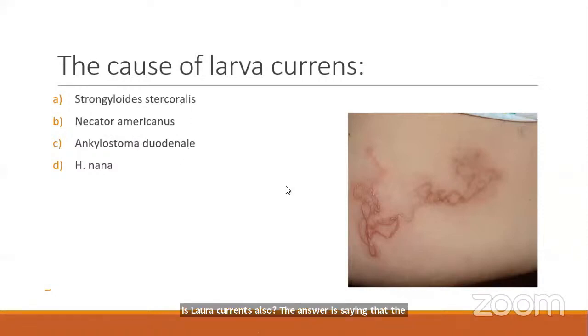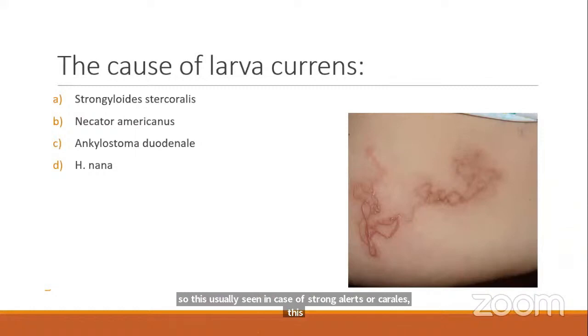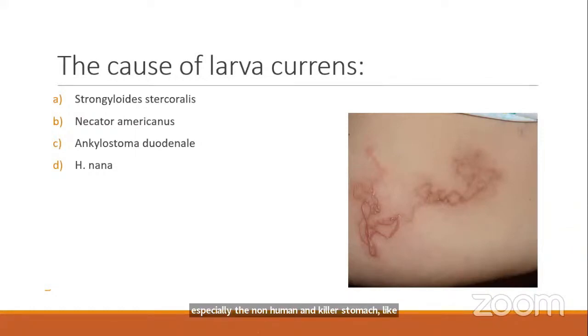It's different from larva migrans. Larva currens is cutaneous and the parasite will migrate at a higher speed. Okay, so this is usually seen in case of Strongyloides stercoralis. The Ancylostoma, especially the non-human Ancylostoma like caninum, ceylanicum, etc., are responsible for the so-called larva migrans. Okay.